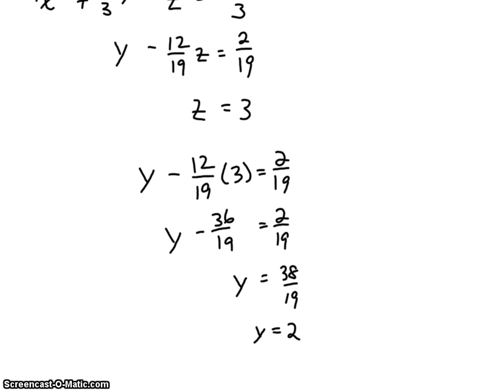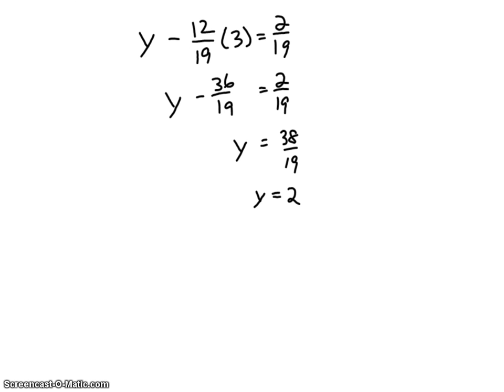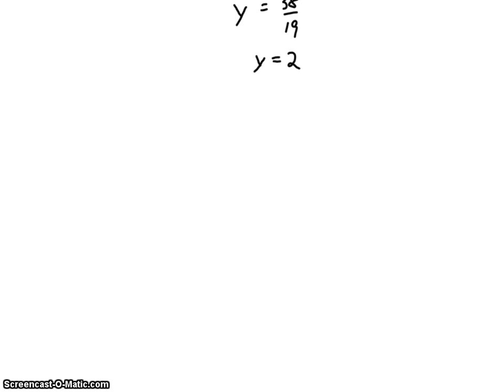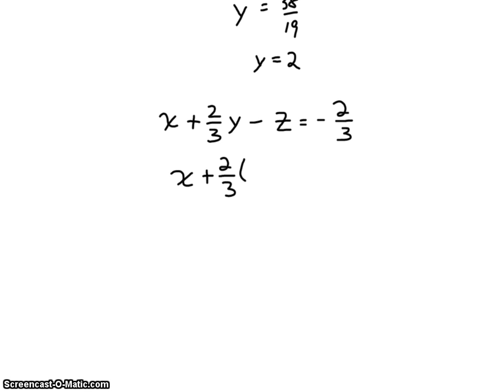We will now copy down the equation with 3 variables, which was x plus 2/3 y minus z equals negative 2/3. And we will substitute our answers for y and z. So x plus 2/3 times 2 minus 3 equals negative 2/3. X plus 4/3 minus 3 equals negative 2/3.